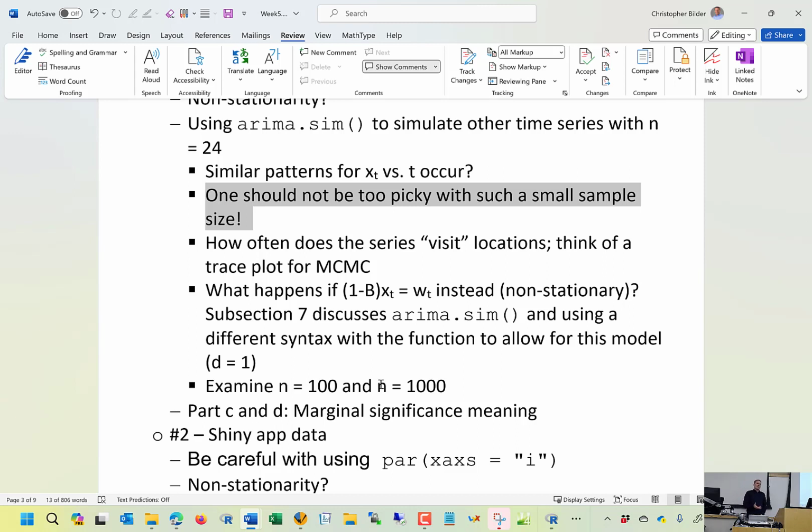Also, let's relate it to something that some of you have seen in another class before. If any of you have done any kind of Bayesian modeling, what you often do is use what are called MCMC methods to simulate data from a posterior distribution, so you can use that data to make judgments about particular parameters of interest.